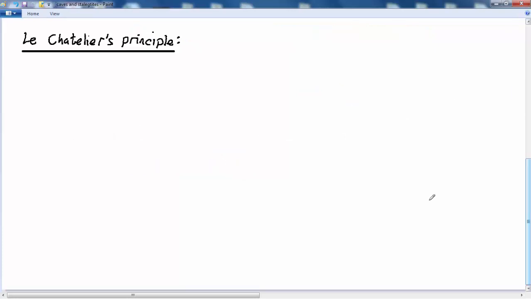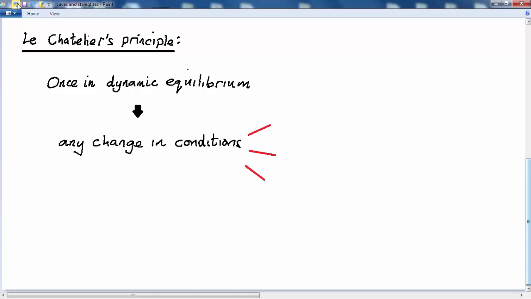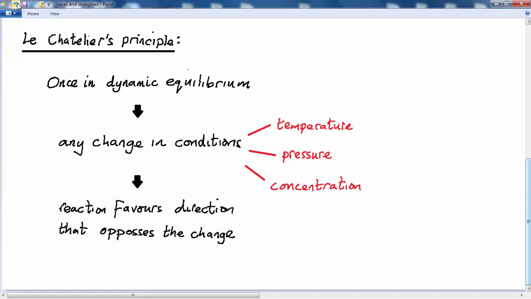And what Le Chatelier's principle states is that once dynamic equilibrium has been reached, then any change that is applied to the conditions around that reaction, for example, a change in temperature, or a change in pressure, or a change in concentration, then the reaction will favour the direction that opposes that change.